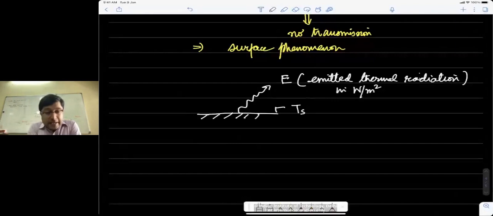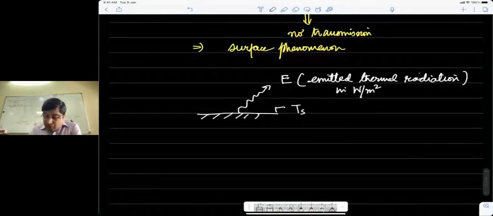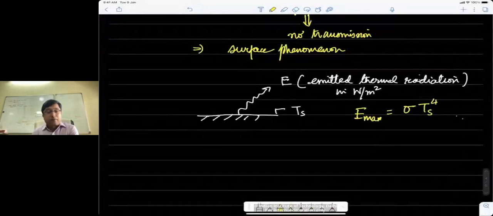So it's basically the radiation intensity, or say heat flux, that the surface emits. There is a maximum limit to this heat flux. The maximum limit is given by sigma times the surface temperature raised to the power 4, which is also called the radiation emitted by a black body. I'm going to say EB.